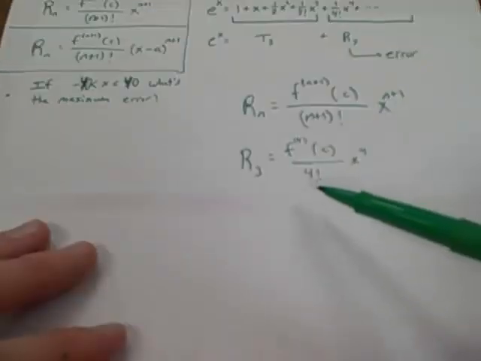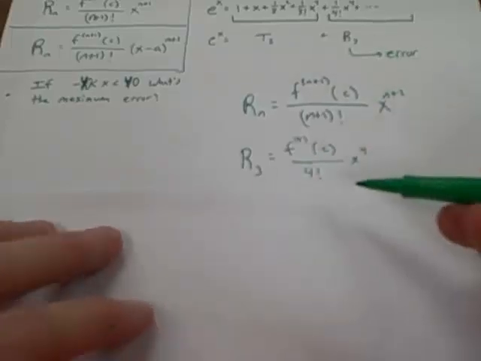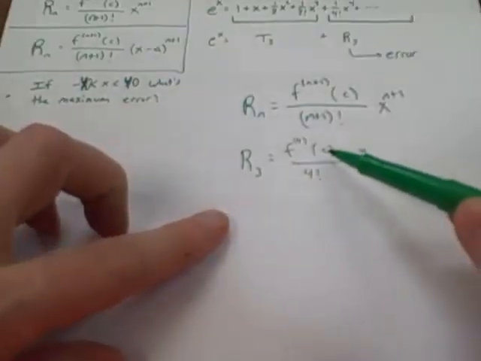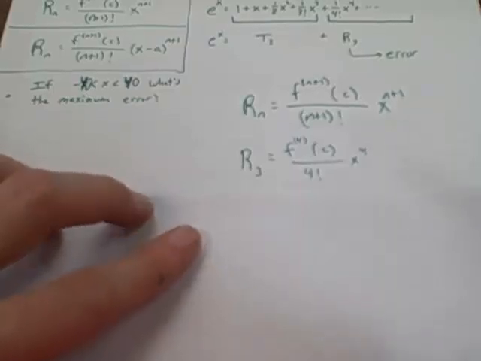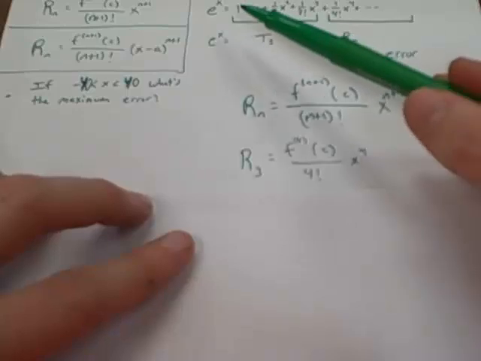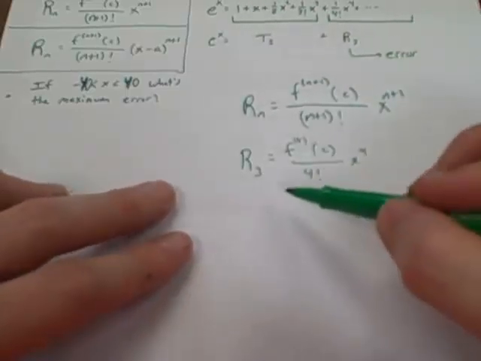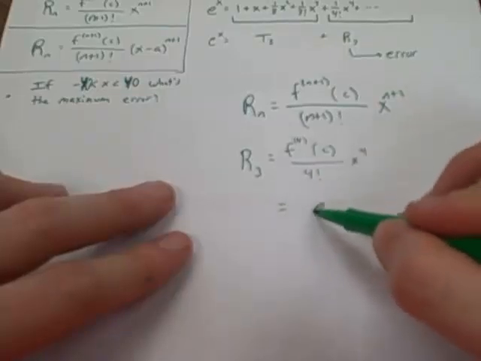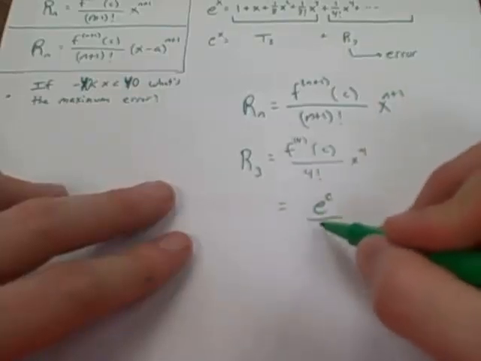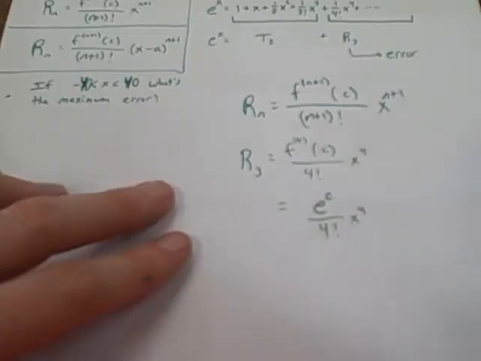So let's think about what would make this error term as large as possible. Well, it depends on what this number c is and what this number x is. First, let's figure out what is the fourth derivative of our function. Our original function was e to the x, so the fourth derivative is also e to the x. And when we evaluate that at c, we have e to the c. Divided by 4 factorial is still there, and x to the fourth is still there.